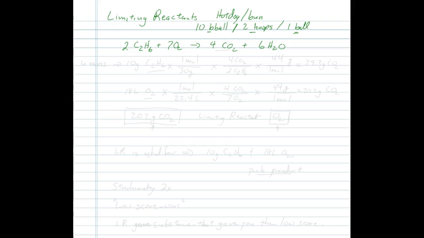And now you're starting off with, say, 10 grams of C2H6 and 18 liters of O2. And the question is, how much carbon dioxide can be produced? So this is twice the fun because it's twice the work. You don't do stoichiometry once, you do it twice.